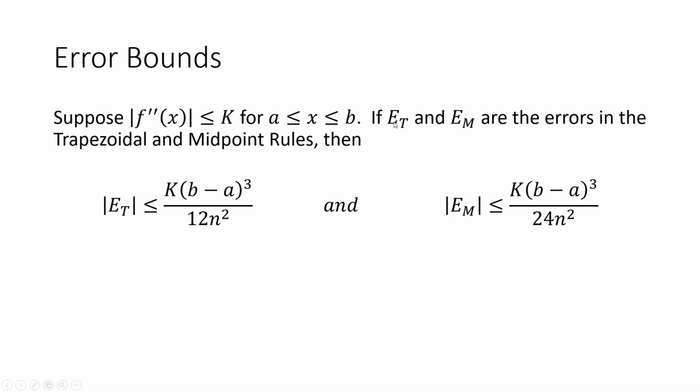Here E_T and E_M are the errors in the trapezoidal and midpoint rules. So this will give us an error bound on the trapezoidal error: the absolute value of E_T is less than or equal to k times (b minus a) cubed over 12n squared. Compared with the midpoint rule, it's k times (b minus a) cubed over 24n squared. So you notice that it's about half of what it is for the trapezoid.